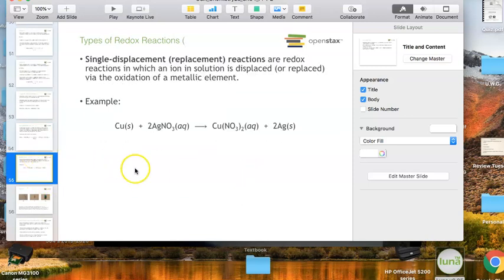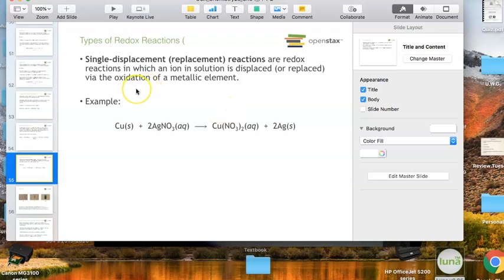All right, so a lot of times with redox reactions, when we're doing experiments in the lab, you're going to see single replacement reactions. And again, single replacement or single displacement, just like we talked about earlier with double displacement or replacement reactions, either word you want to use is fine.